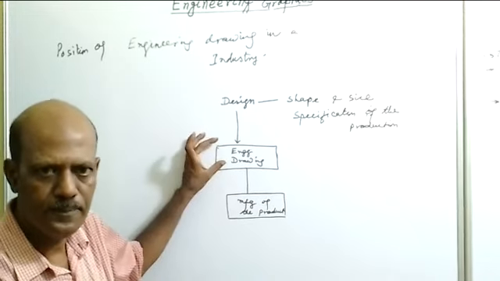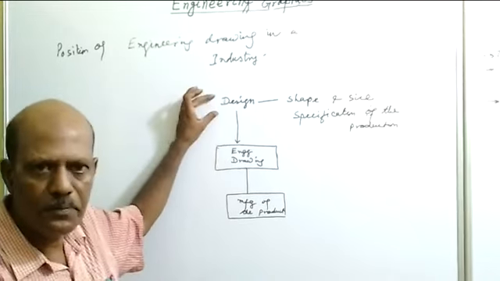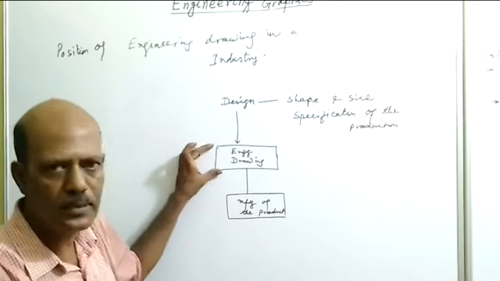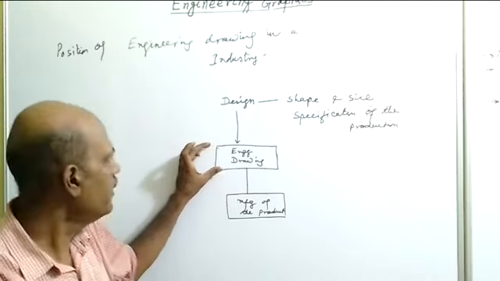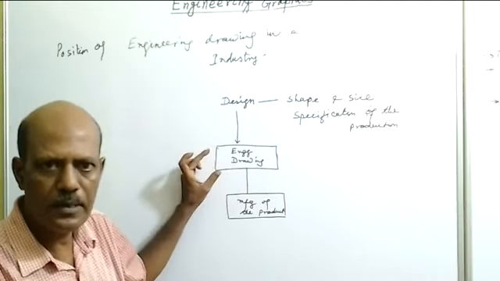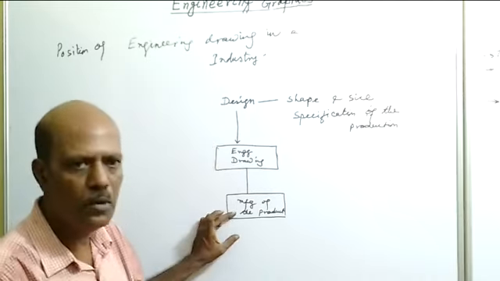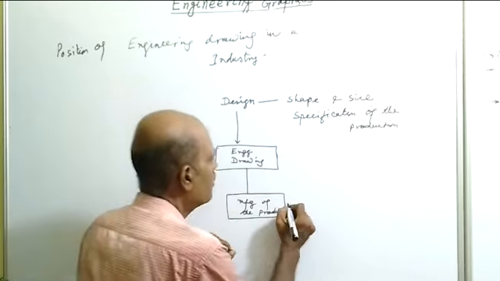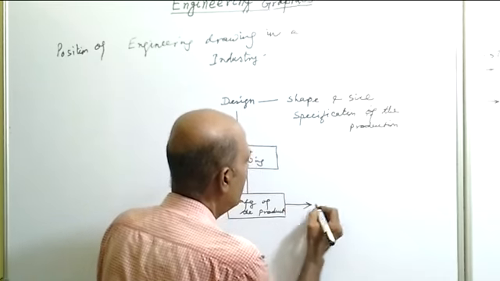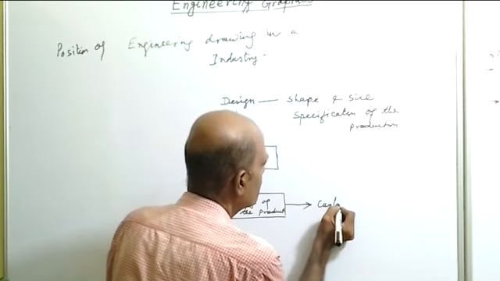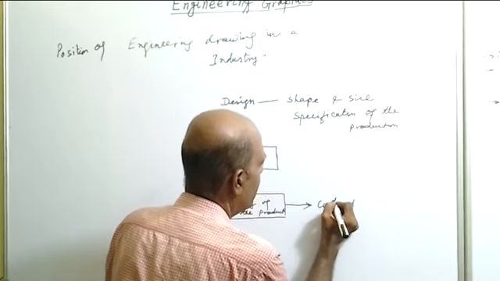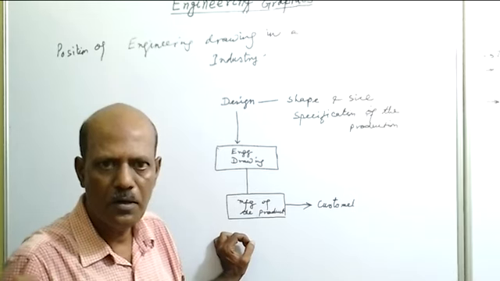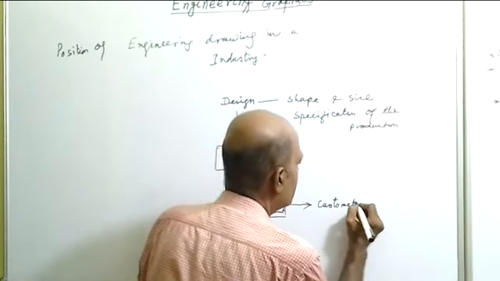Whatever specification is given by the designer is translated into the drawing in the drawing department. Then that drawing will go to the shop floor for manufacturing of the physical product, and that product will be shipped to the customer for the fulfillment of their need or customer satisfaction.